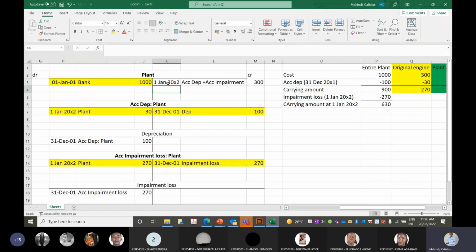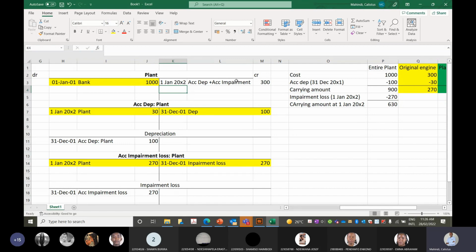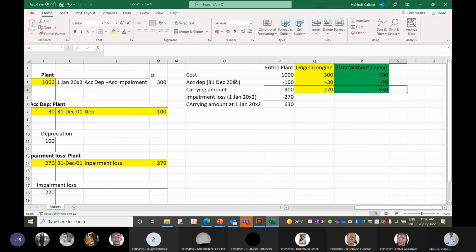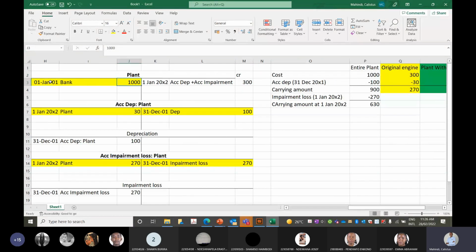All right. So now the plant account will have a balance of 700, which is the 1,000 that we started with, minus the original engine that we got rid of, which was 300.